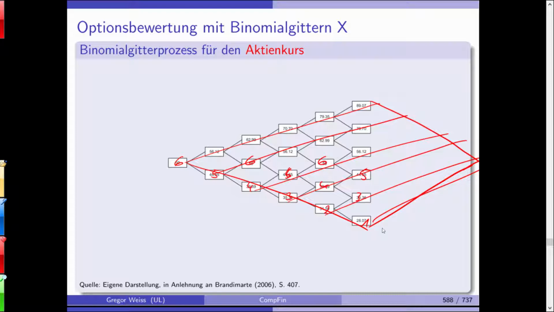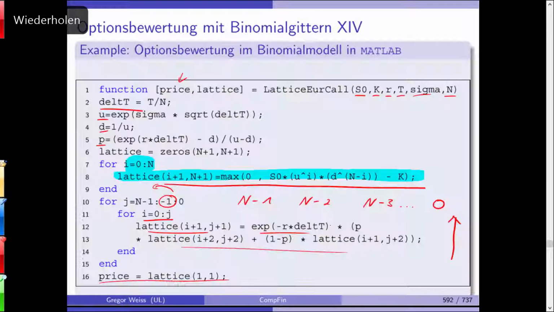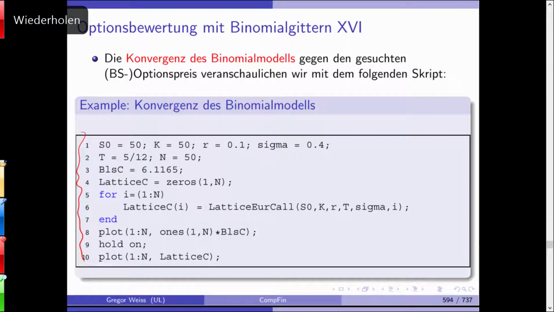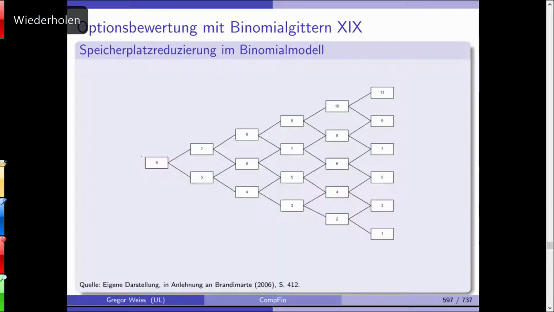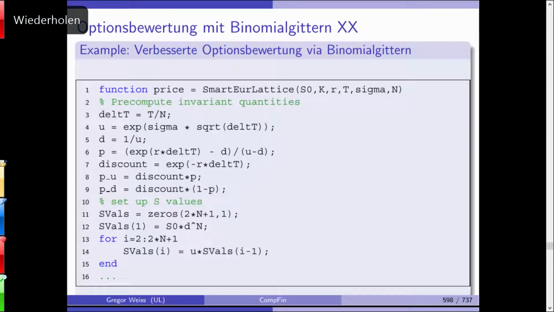If you see this is a Cox-Ross-Rubinstein variant, you can simply say, okay, I'm not using a matrix like it is done here. Look at this, n plus 1, n plus 1. This is a matrix here. You can just use a variant. First of all, you can pre-compute invariant quantities.